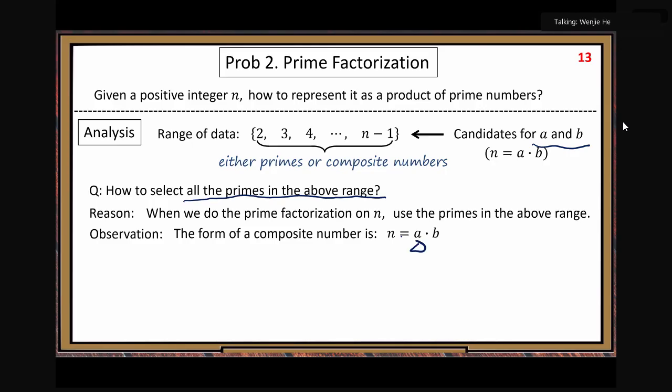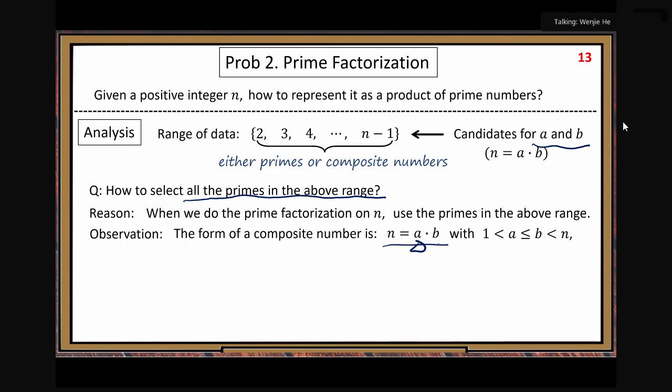So let's look at the form of a composite number like this, with a range for the non-trivial factors, because a composite number must have at least one non-trivial factor. So we can study this.